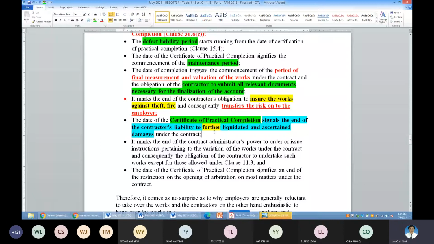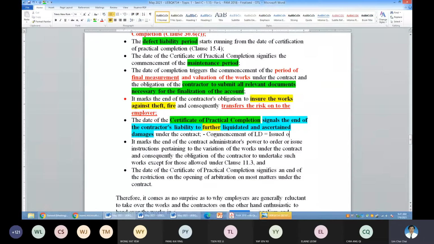You know the commencement of the LD. So commencement of LD is equal to the issue of CNC.